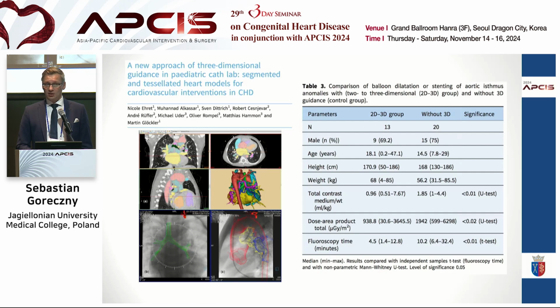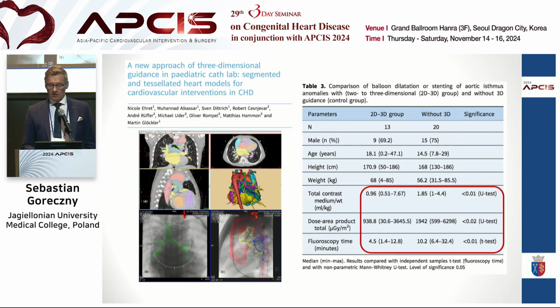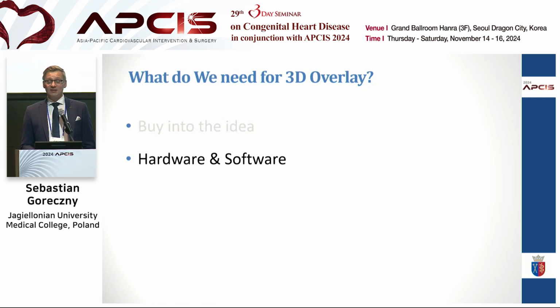And again, another group from Europe looked at their fusion of CT and MRI for different interventions. In that group of patients, they had significantly lower contrast, radiation, and also fluoroscopy time. So in experienced hands in many centers, it's doable, and you can also achieve objective benefits.